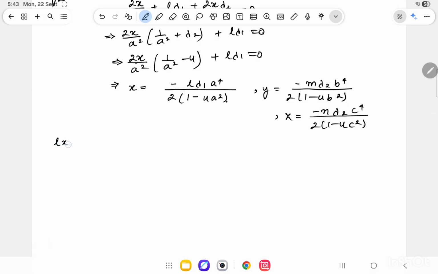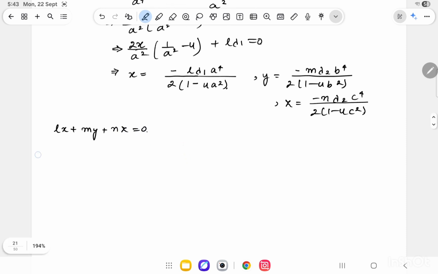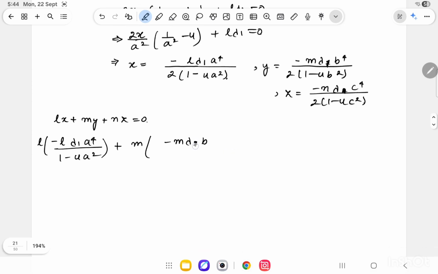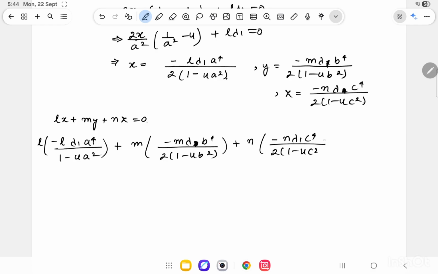So we have Lx plus my plus nz equals to 0, and x is minus L lambda 1 a raised 4 divided by 1 minus u a square plus m into minus m lambda 1 b raised 4 divided by 2 into 1 minus u b square plus n into minus n lambda 1 c raised 4 divided by 2 into 1 minus u c square equals to 0.